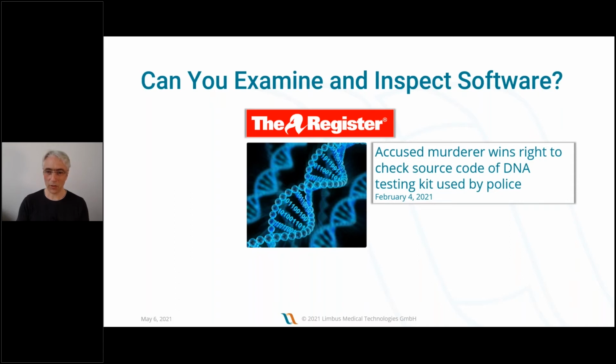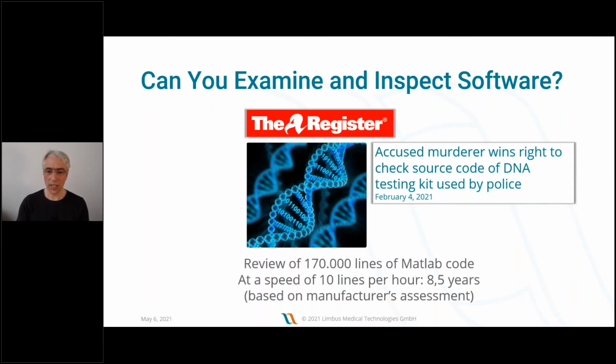Finally, the manufacturer lost, but his main argument was that the review of 170,000 lines of MATLAB code that his product comprised would take more than 8 years. Of course, the manufacturer was not willing to have this review performed, but this statement gives you some idea that it seems to be complicated or difficult to review software.